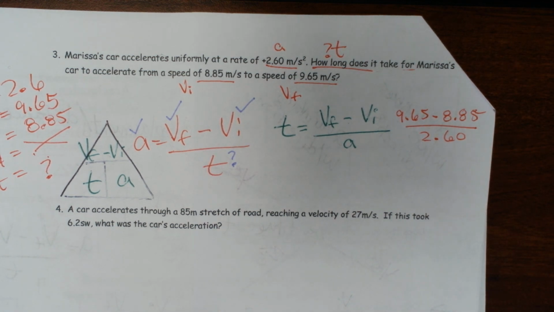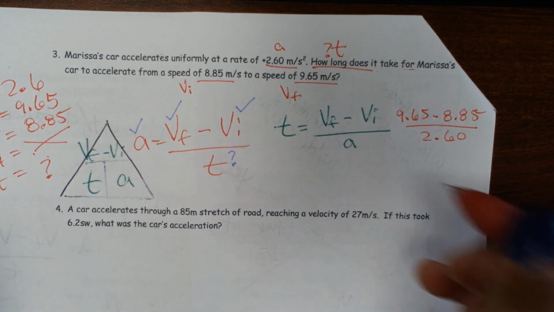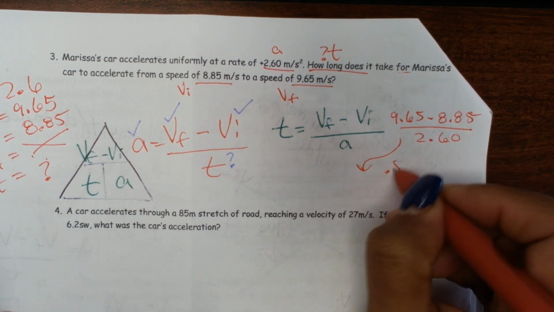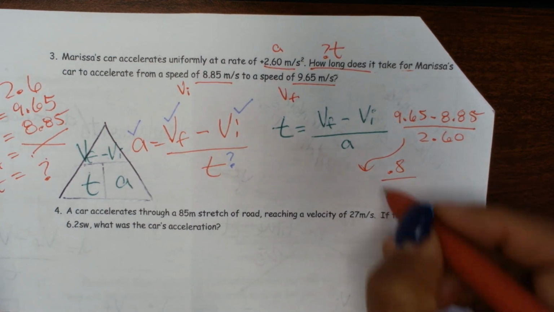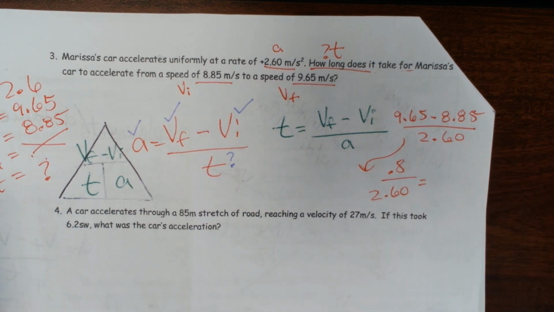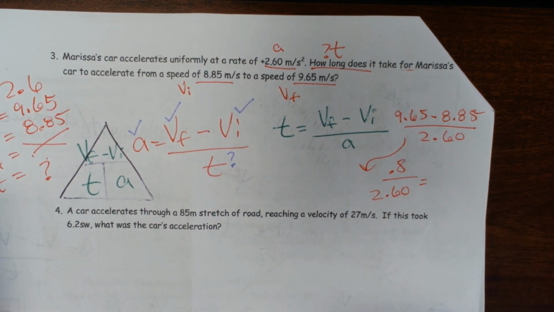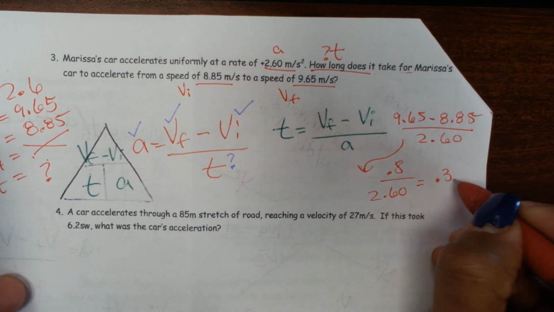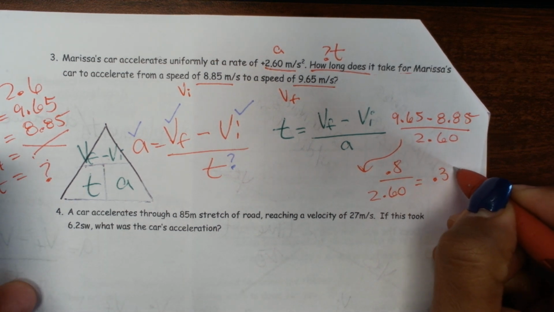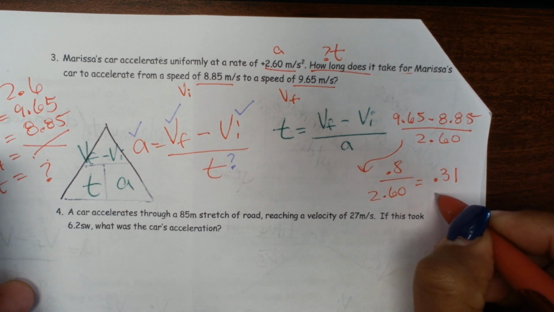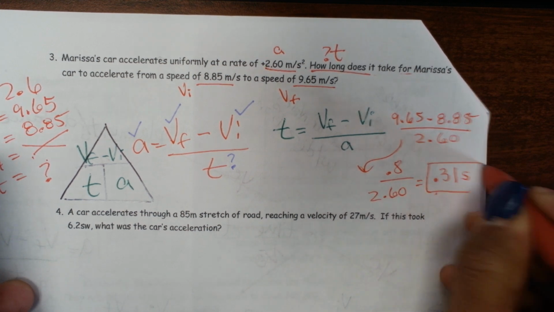Let me grab my calculator. 8.65, we're going to subtract that by, double check me, make sure my math is good. 9.65 subtract by 8.85 comes out to 0.8 over 2.60. Divided by 2.60 comes out to an answer of 0.307. I'm going to round that up to 0.31, and I'm looking for T, which is seconds.